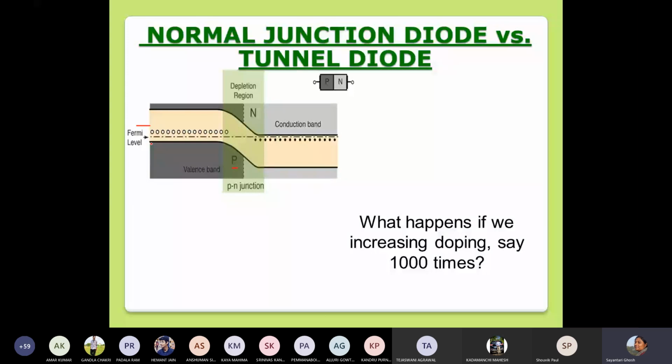Similarly, on the N-type side, the Fermi level starts shifting upward as I go on increasing the doping level, and it lies very close to the bottom of the conduction band. This is how the Fermi level changes its position as you go on doping.